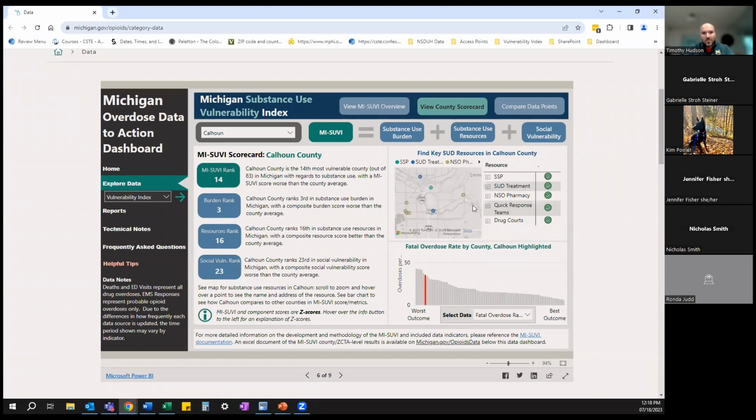So you can look in your county and see where those resources are. If you hover over the dot, you can get the name as well as the address of that resource. And then over here, you can see a list of some of those resources along with quick response teams and drug courts. And you can toggle down and see a summary of what's going on in your county.